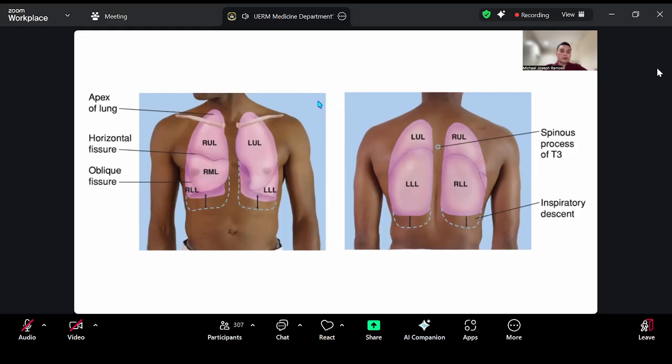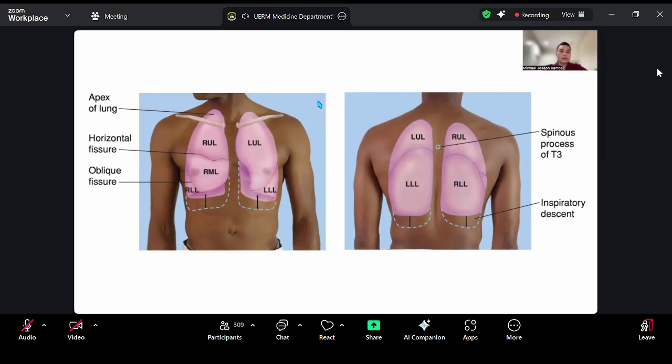This runs from the T3 spinous process at the back, then goes around your chest obliquely downward to the 6th rib at the mid-clavicular line area. You also have your horizontal minor fissure found at the right, which separates the right middle lung and the right upper lung. This runs close to the fourth rib from the anterior portion, then meets the oblique fissure at the mid-axillary line at the level of the fifth rib.